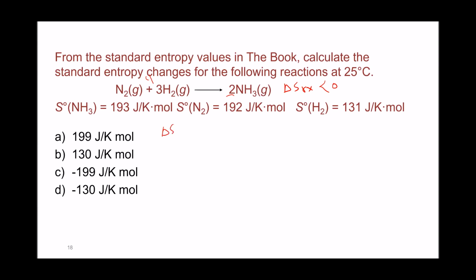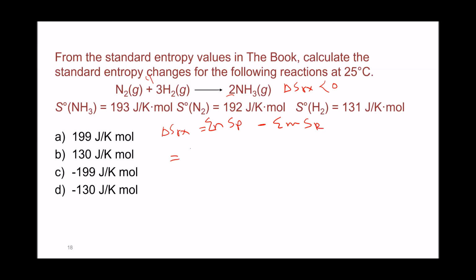So delta S for the reaction is going to be the sum of the number of moles times S for the products, minus the sum of the number of moles times the entropies for the reactants.